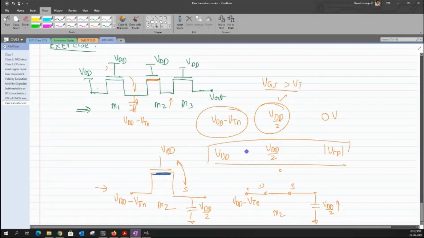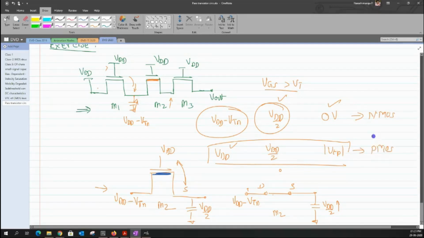So instead of picking a different value for every type, like choosing 0 volt one time and VDD as the initial voltage for another circuit, I can fix a common voltage. These are the ranges of voltage that I'm using for NMOS, and these are the ranges that I can assume for the PMOS circuitry.